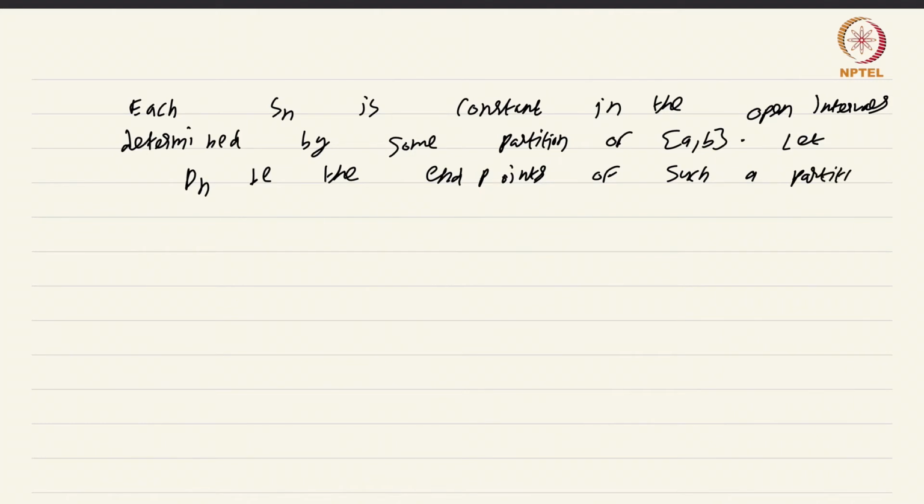Now, why we want to focus on the endpoints is because the way we defined a step function, we said that we don't care what happens at the endpoints. It could take whatever value the function pleases. Okay, so we have really no control over the behavior of the functions Sn on the endpoints. But notice that Dn is finite.